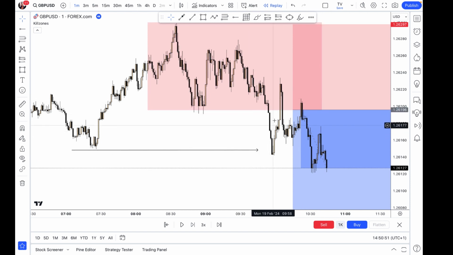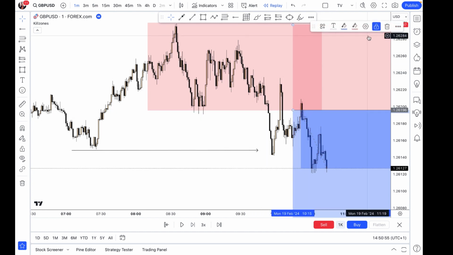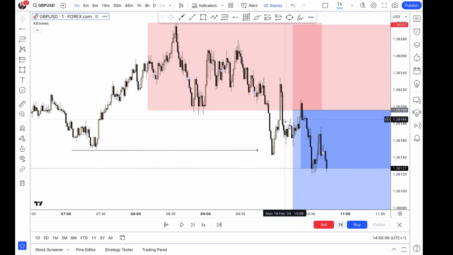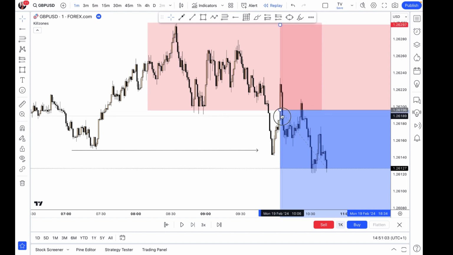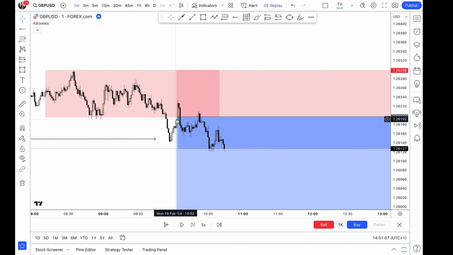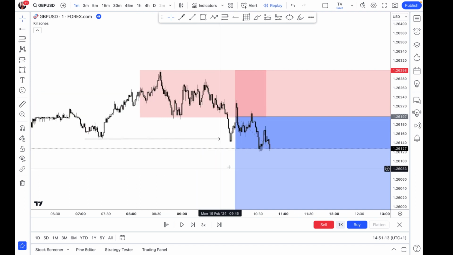So market retraced back up, filled this supply level, and I was in the trade at this particular point. I don't know why my laptop is hanging. So I got into the trade. Market executed a sell trade, and I was in the trade.